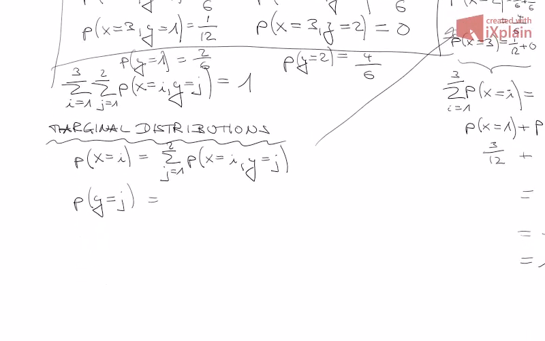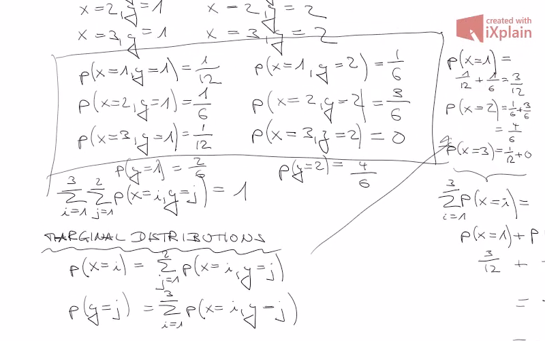So just in terms of what we just did, we now summed the probabilities over x, and in this way have computed what are called marginal distributions in a joint distribution.